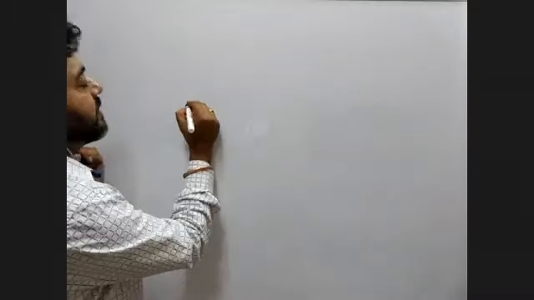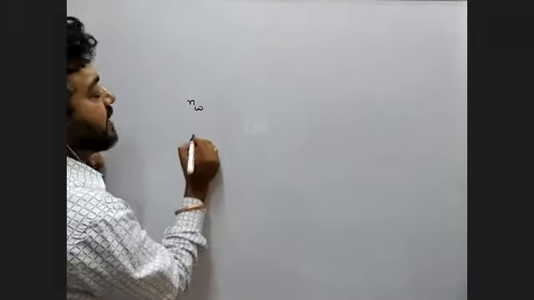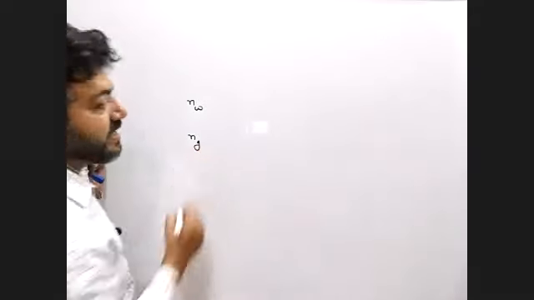See, the absolute refractive index means the refractive index of any medium with respect to air. With respect to air means light travels from air to that medium. Suppose I'm writing here the refractive index of water, refractive index of glass.